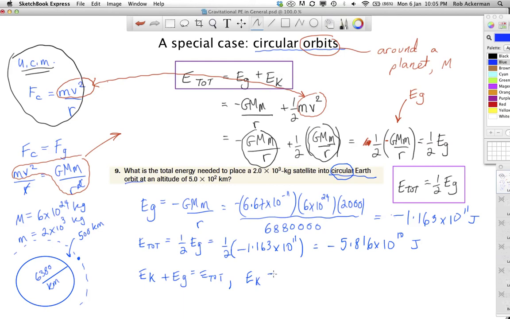I get the following. This is the equation that I get. And if I solve for EK, what am I going to get?